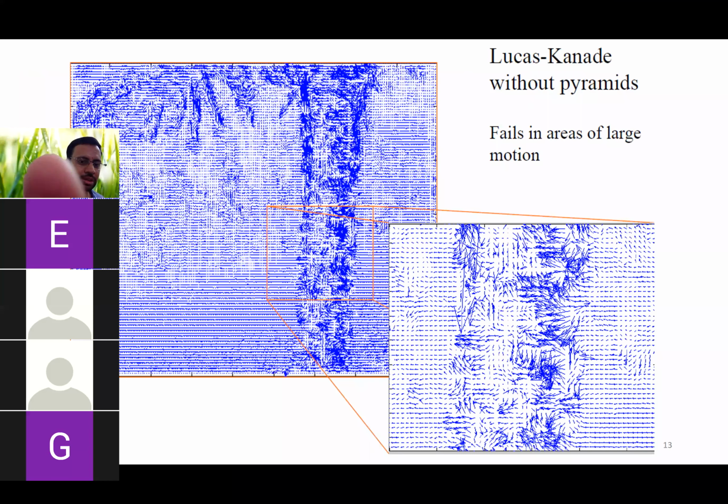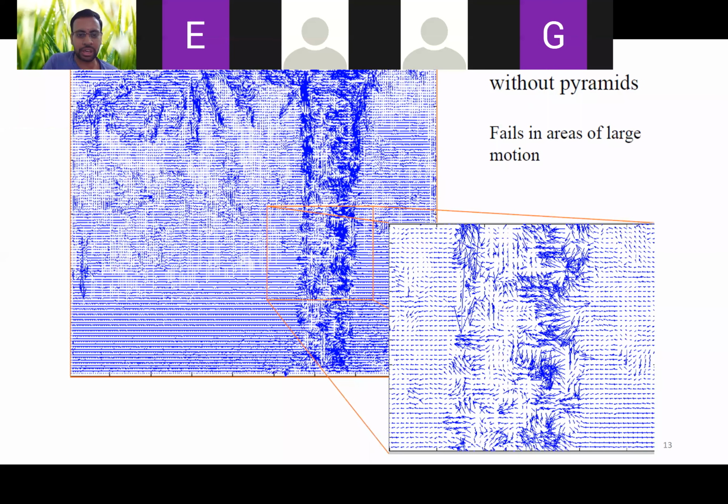This fails badly here, for example, this is all going very crazily, right? This also is going, of course it fails, but this would be more interesting. Now they have applied Lucas and Kanade here.